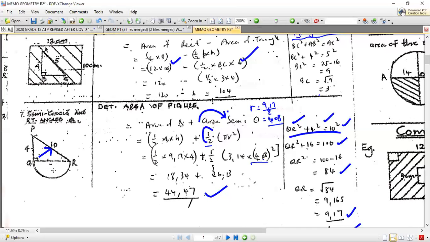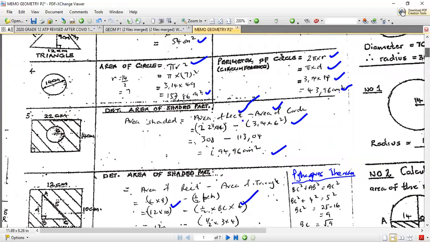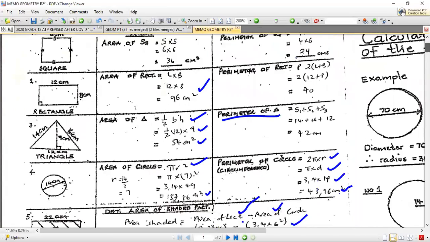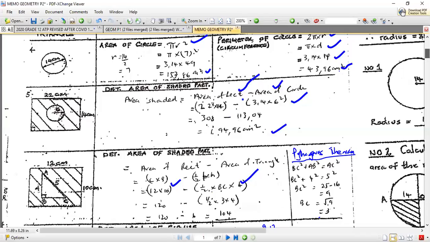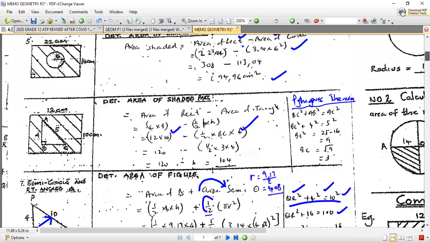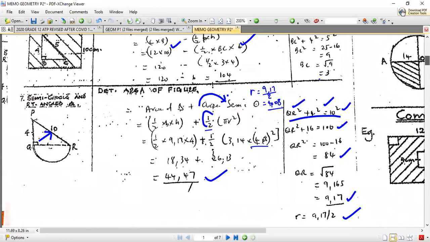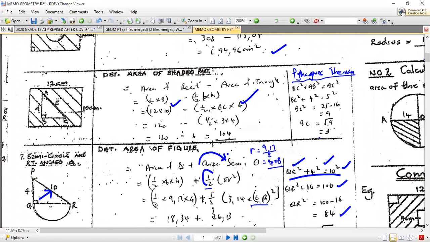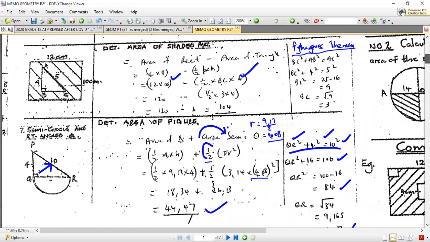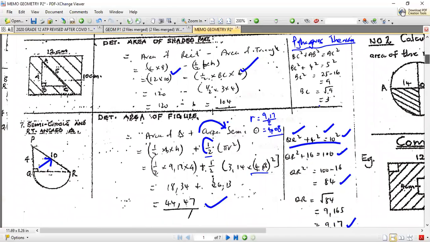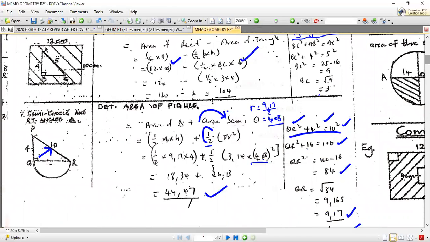to get our area for this region here. So learners, as you see, we went quickly through our basic shapes, which led us to determining areas of complex shaded regions, using Pythagoras' theorem in calculating the areas. And also bear in mind that a semicircle is half the circle, which is half the area of a full circle, which is half of pi r squared.